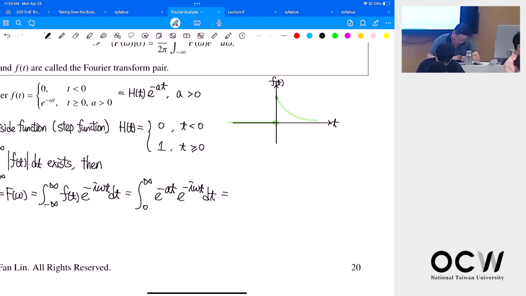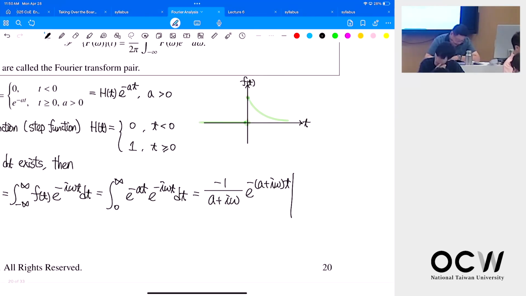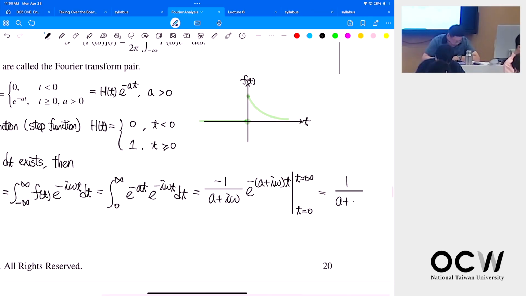So we have minus 1 divided by a plus i omega times e to the minus (a plus i omega) t, t from 0 to infinity, and this is 1 divided by a plus i omega.